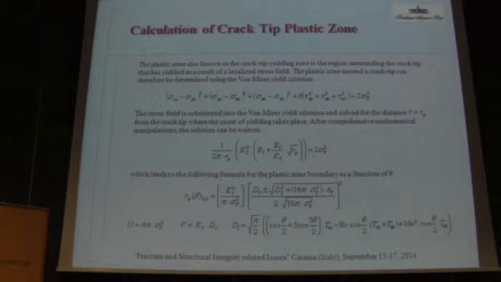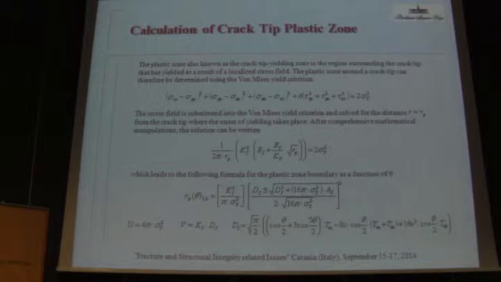It can be seen that there are two basic terms. The first term is connected with the stress intensity factor and the yield stress. So this term is well known in classical fracture mechanics.